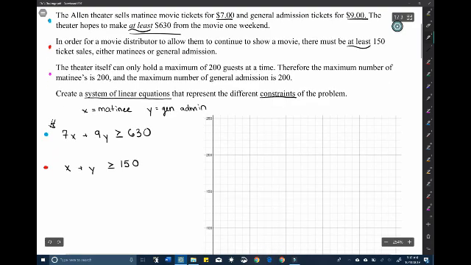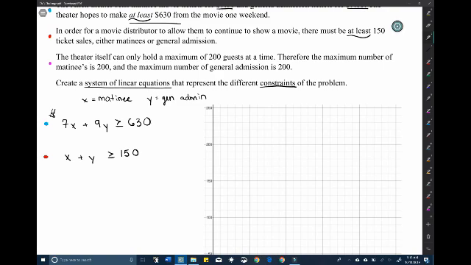The theater itself can only hold a maximum of 200 guests at a time. So we only have 200 seats, which is very big. But in general, what that means is if people are coming to the matinees, x has a maximum, so x needs to be less than or equal to 200. Similarly, y must be less than or equal to 200. So there's some others.